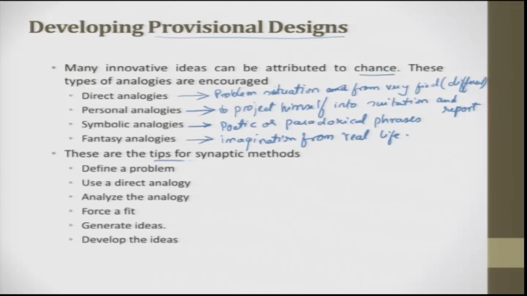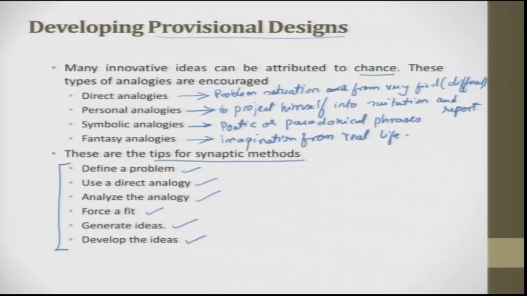There are tips for semantic methods. First, you try to define a problem, then use a direct analogy, then analyze your analogy, force a fit to the analogy, then generate ideas, then start developing ideas. So, these are the tips generally we give for developing a product. So, defining the problem is very, very important.